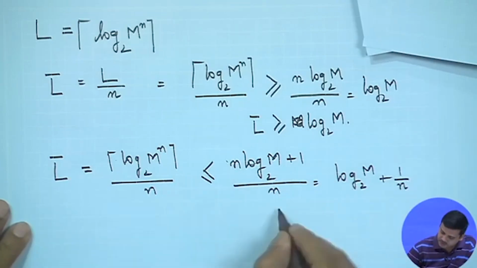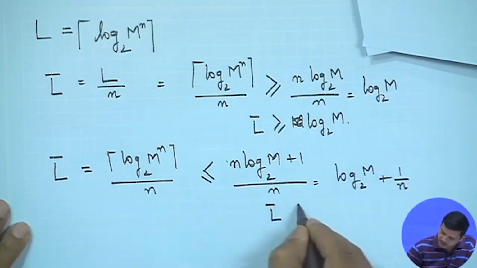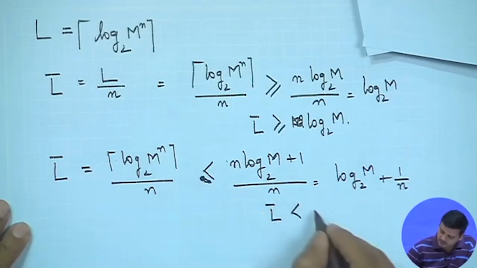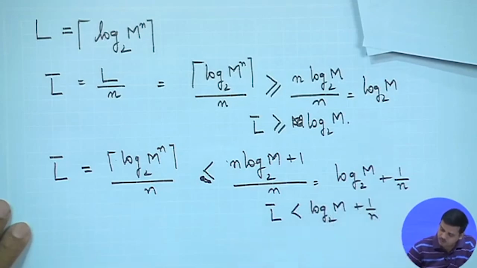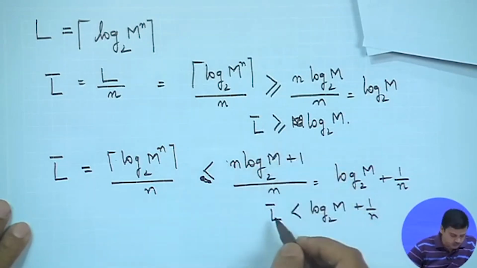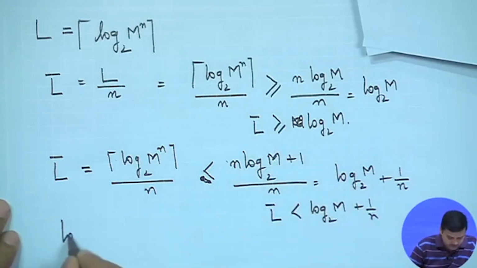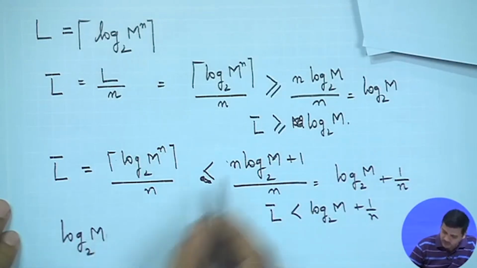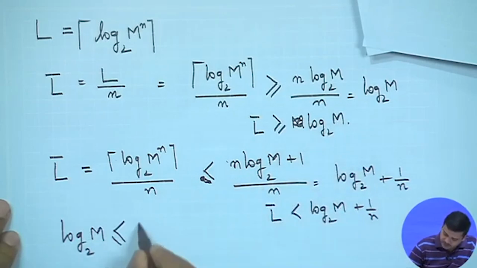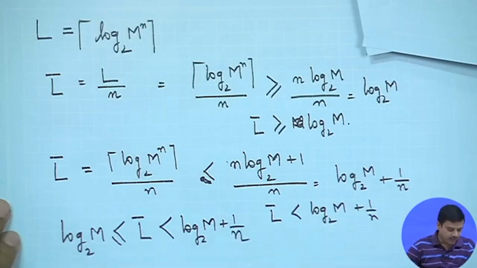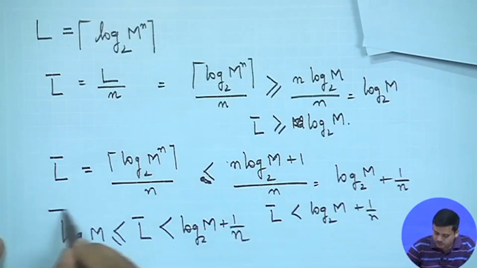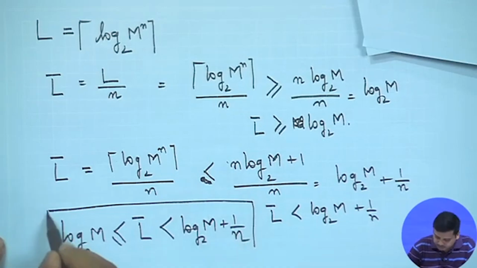So, what we can establish here is that L bar is less than log base 2 of m plus 1 upon n. If we combine these two, then the expression that we can write is log base 2 of m is less than or equal to L bar, and L bar is less than log base 2 of m plus 1 upon n. Now, what can we conclude from this particular expression?